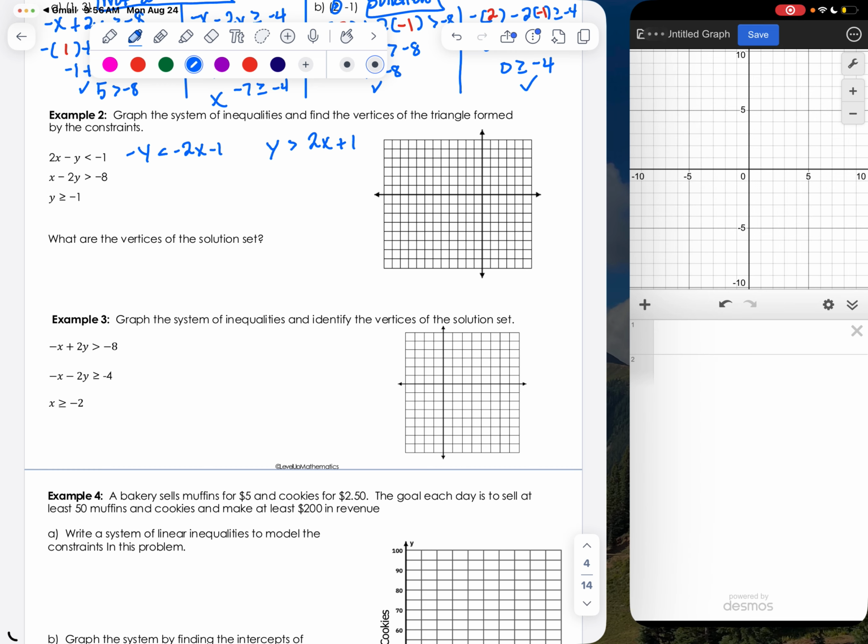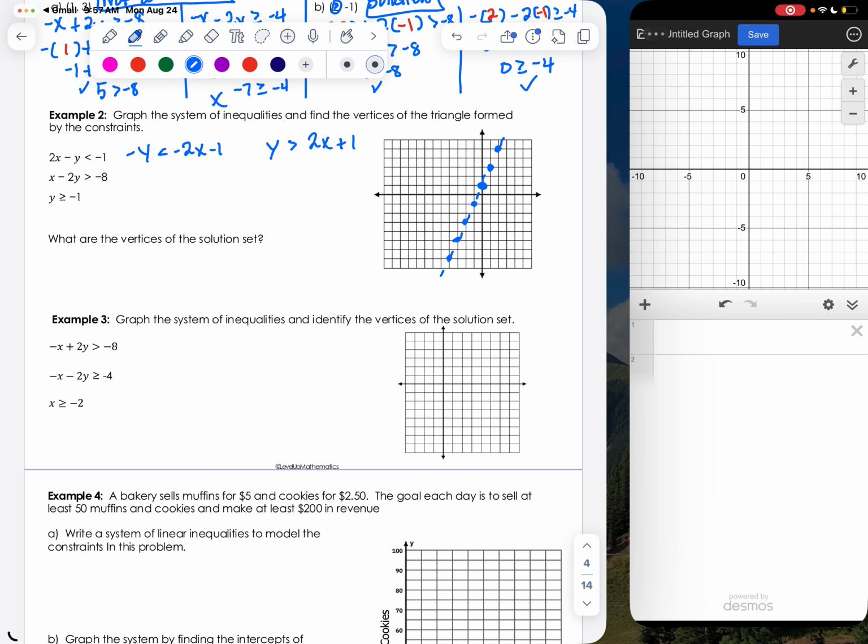All right, so now I can graph this inequality. So my y-intercept is positive 1. I have a slope of 2, so up 2 over 1, up 2 over 1, down 2, left 1. And I'll just keep going here. Just going to fill up my entire grid. That'll help me keep my line straight. Now, we're going to graph this with a dashed line.